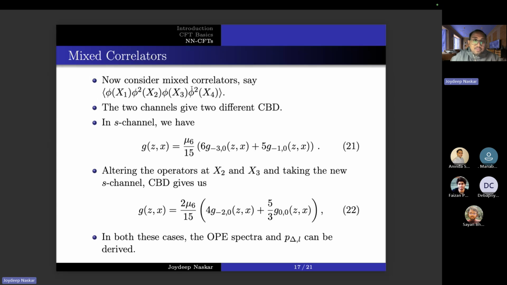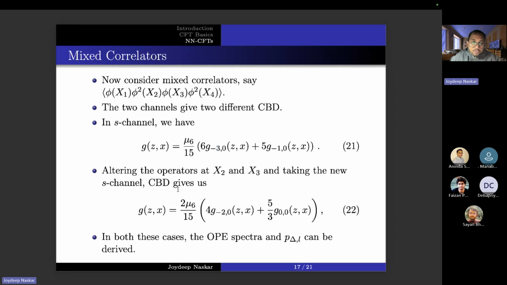So you will have two different channels, and those two channels will give you two different conformal block decompositions. So if you take this one and you take the S channel, then you get something that doesn't contain any dimension 0 operator. It has a -1 and -3.